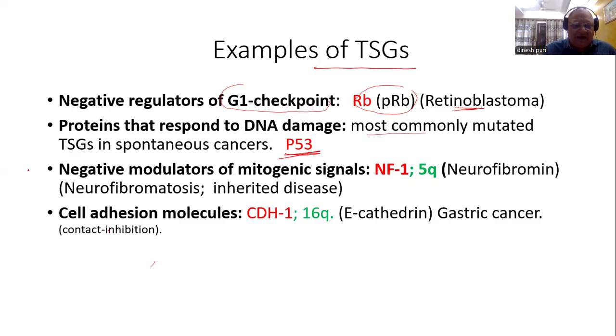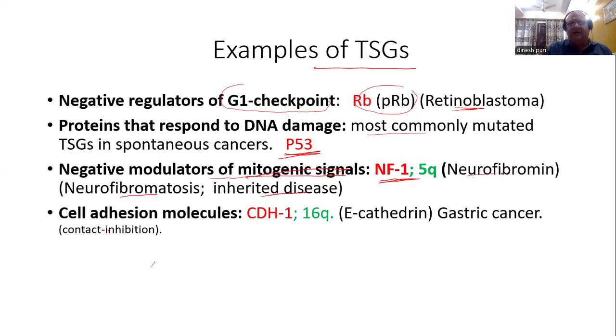एक और है, negative modulator of mitogenic signal. हमने अभी देखा था ultimate puppet master कौन था, mitogenic signal, जिसने cyclin को stimulate किया था by a series of events called the mitogenic cascade. तो अगर ये mitogenic signal ही defective हो गया तो उससे भी ये हो सकता है. तो ये NF1, this is causing disruption of the mitogenic signal, and the disease is neurofibromatosis, an inherited disease.